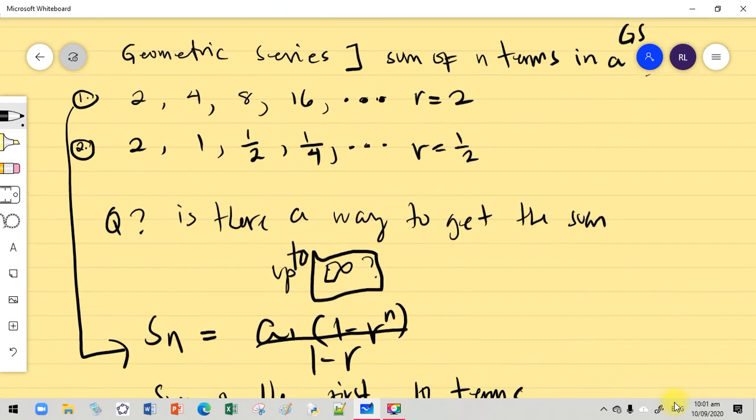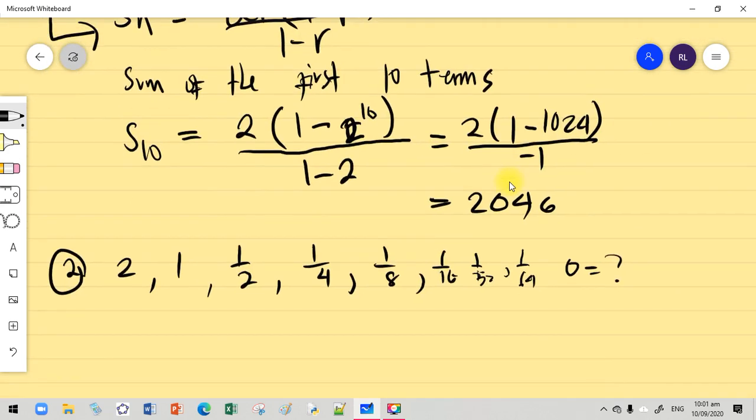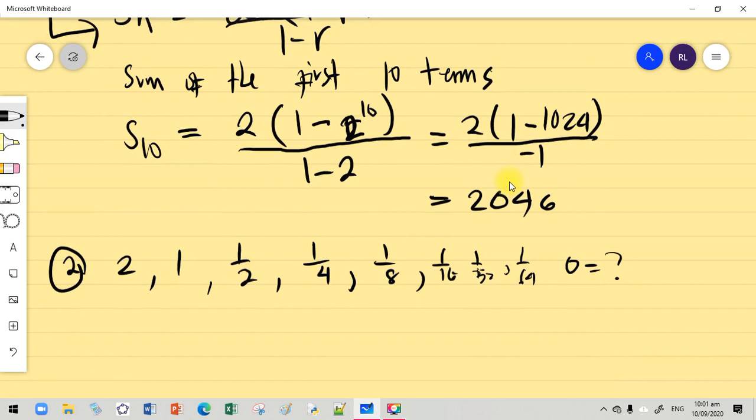As long as you multiply each term by 2, the number will just keep on getting bigger, bigger, bigger, until what infinity do you want?